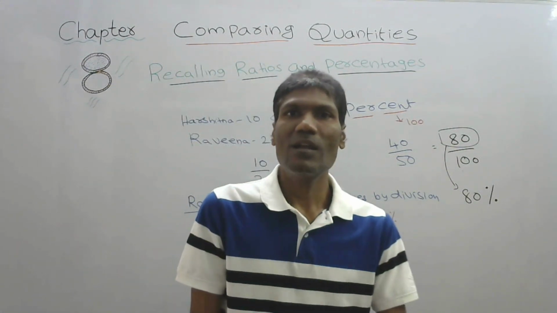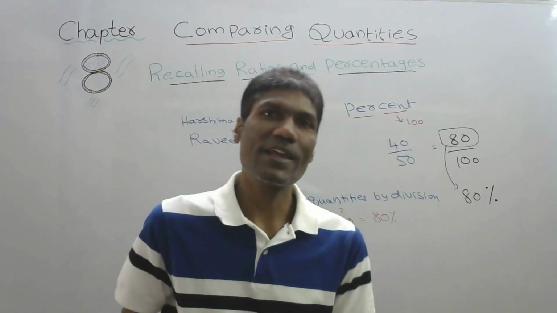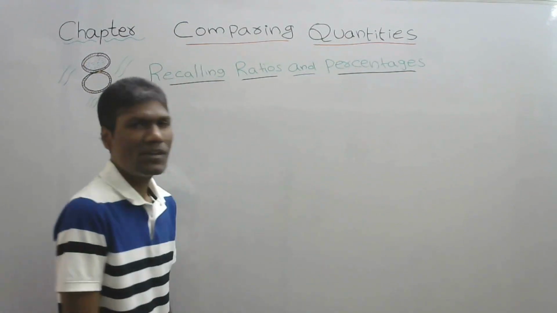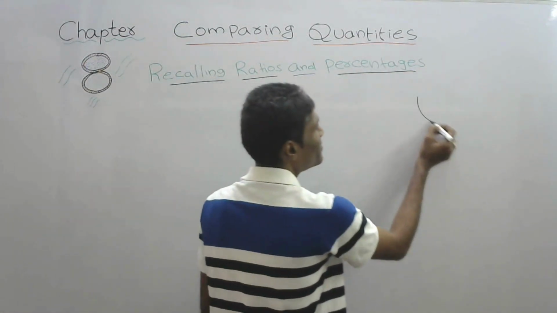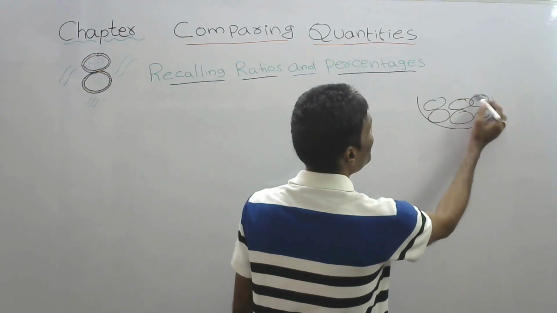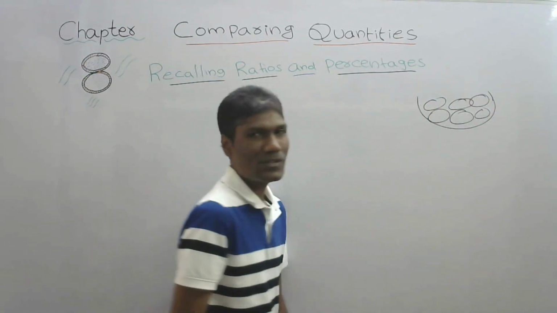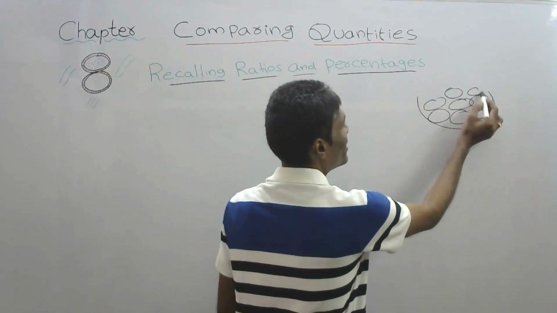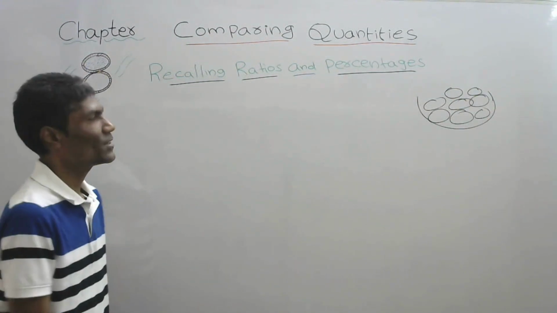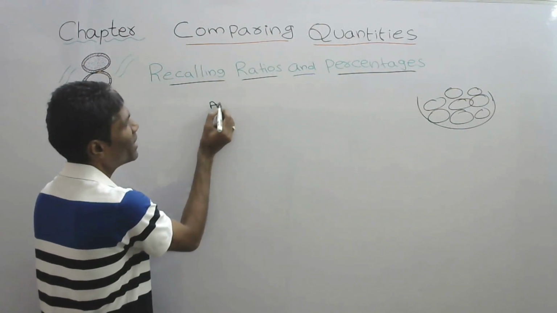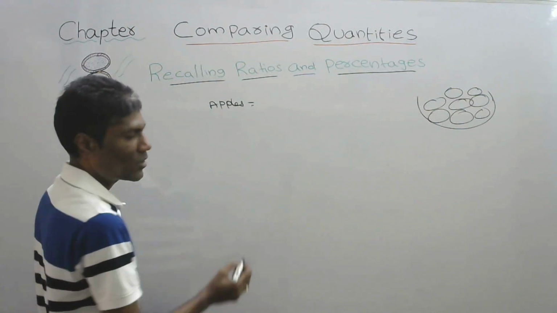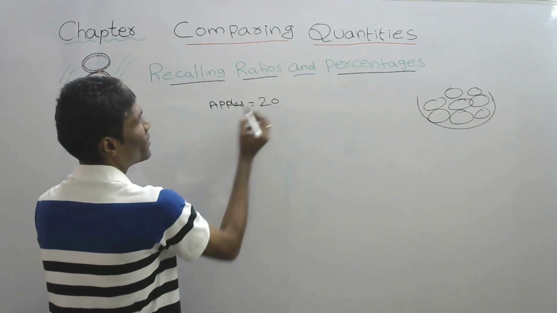Simple. Let us understand this by taking one example. Say we have a basket. In that some fruits are there. Those fruits' count is given. Say apples. How many apples? 20 apples we have.